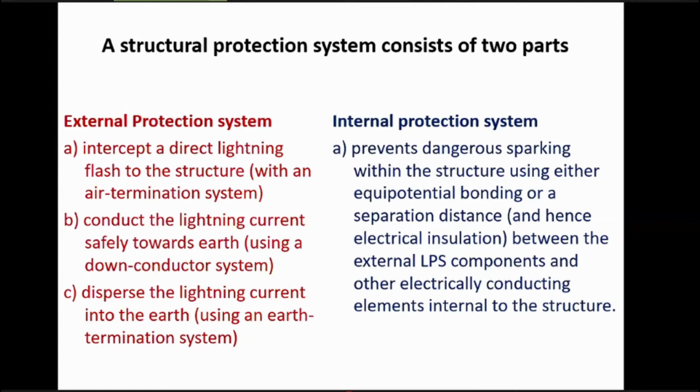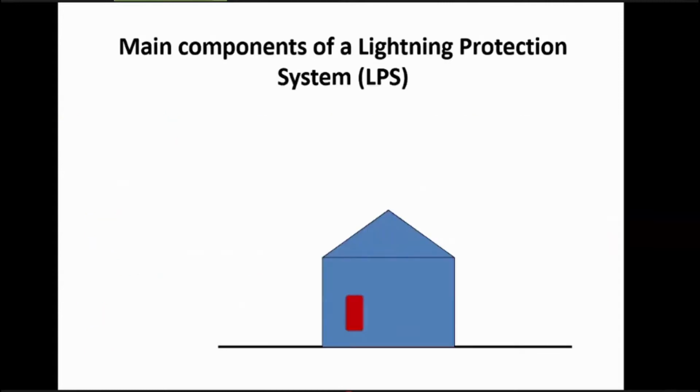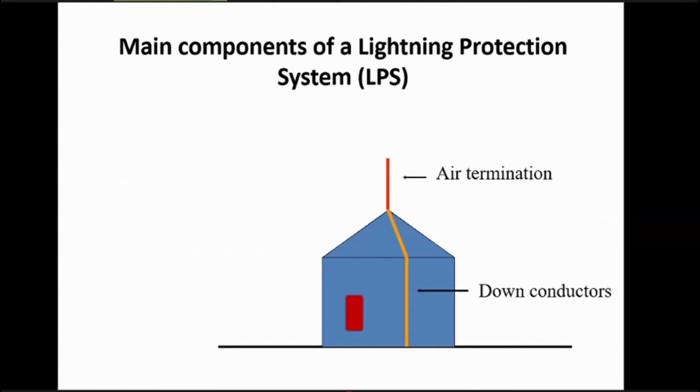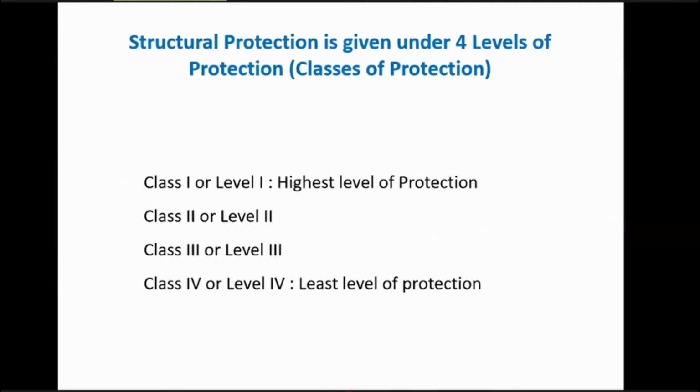When we are connecting, there are two ways: one is direct connection, and the other is connection via surge protective devices, or what we call transient bonding, which is not the topic for today. I'm sure most of you know that these are the main parts of a lightning protection system, which I told you. And then we are going to a very important point.